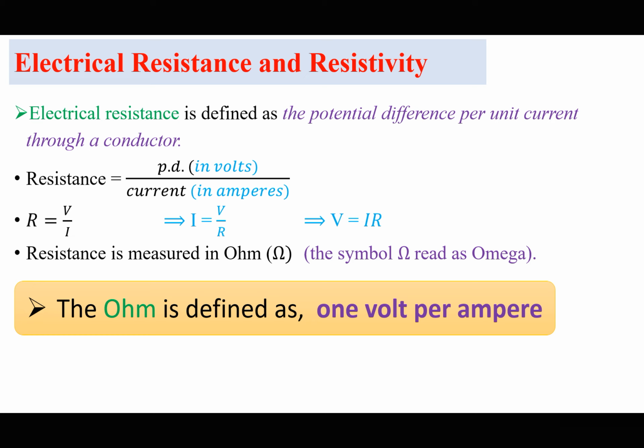I mentioned earlier on that we can define quantities in terms of other quantities, and we define units in terms of other units. So we are defining the ohm as 1 volt per ampere. That is the definition of the ohm, 1 volt per ampere, because the ohm is the unit for resistance, and the resistance is PD divided by current.